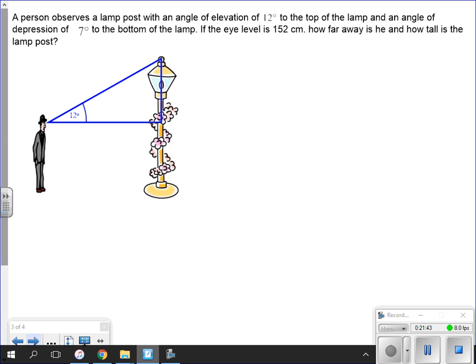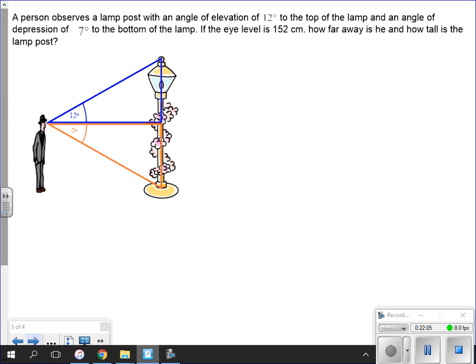To get to the angle of depression, when you're depressed, you're always looking down, right? So you're looking down, that's an angle of depression. So instead of straight out, he looks down 7 degrees to get to the bottom of it.